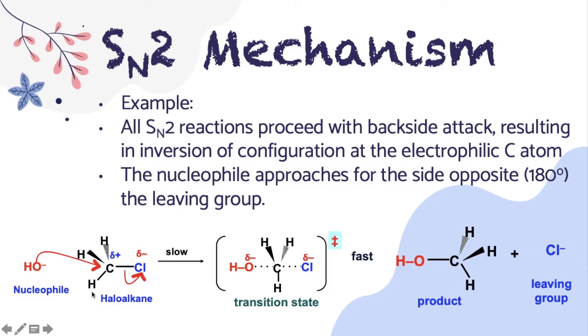This carbon has no alkyl group, just H, H, H. If you compare with a haloalkane which has three alkyl groups, for example CH3, CH3, CH3, they are bigger in size than H, H, H. So more alkyl groups hinder the attack of the nucleophile from the back, making it difficult for the nucleophile to attack the electrophilic carbon.